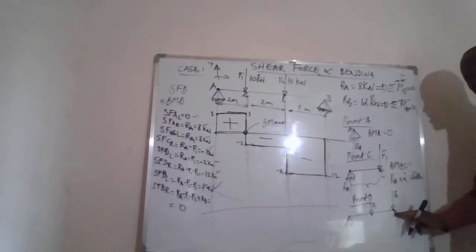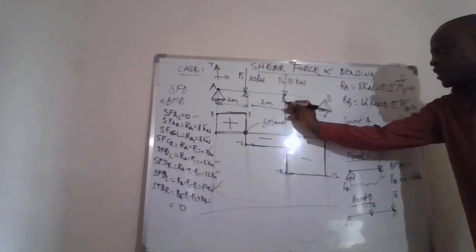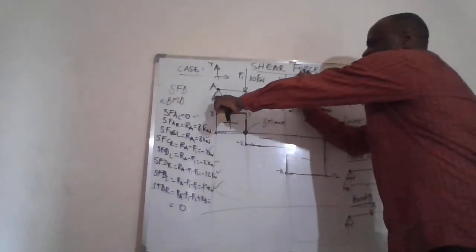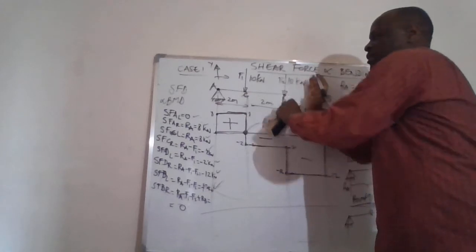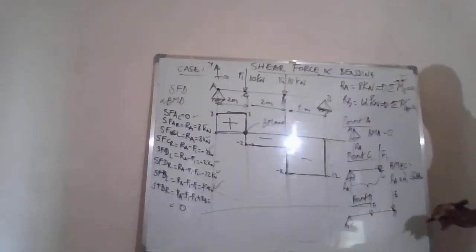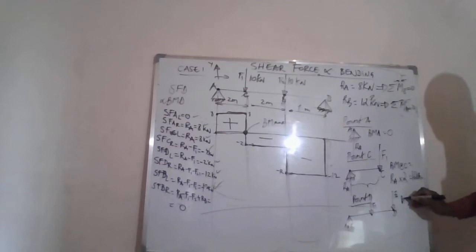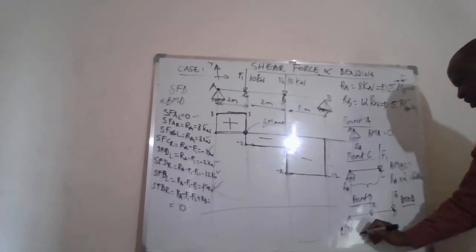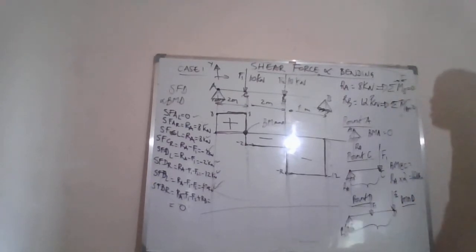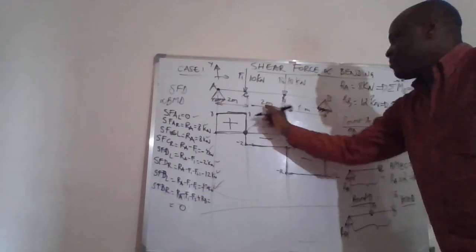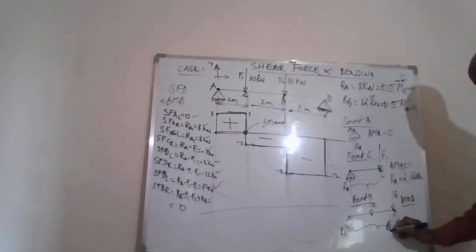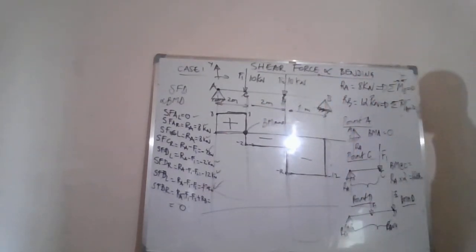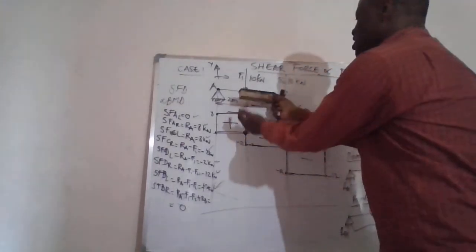When we move to the next pivot, which is D, we can see that all these forces will create a resultant moment at D. And what's going to be the BM at D? The value of BM at D will be RA times the moment arm to D. What is the moment arm? It is 4. RA times 4. And the moment, as you can see, is clockwise.